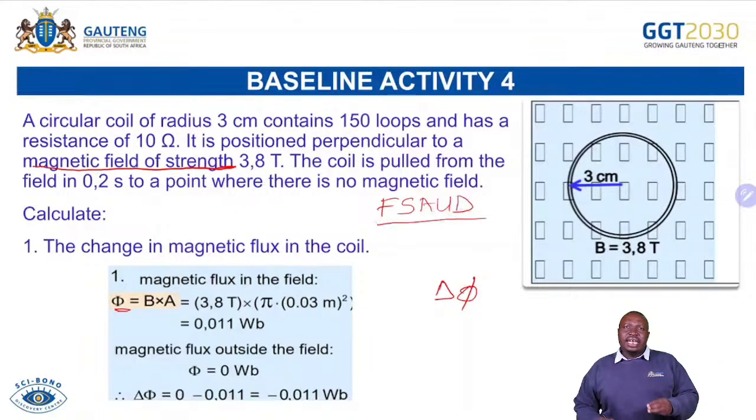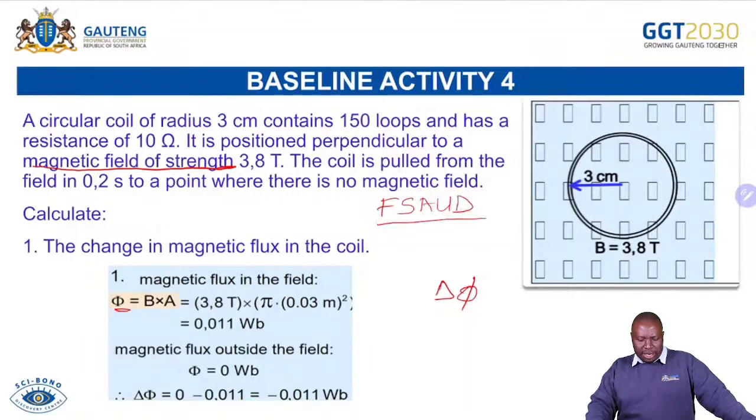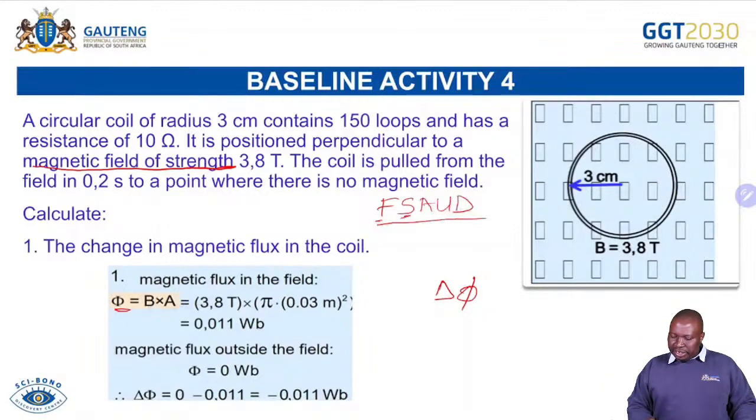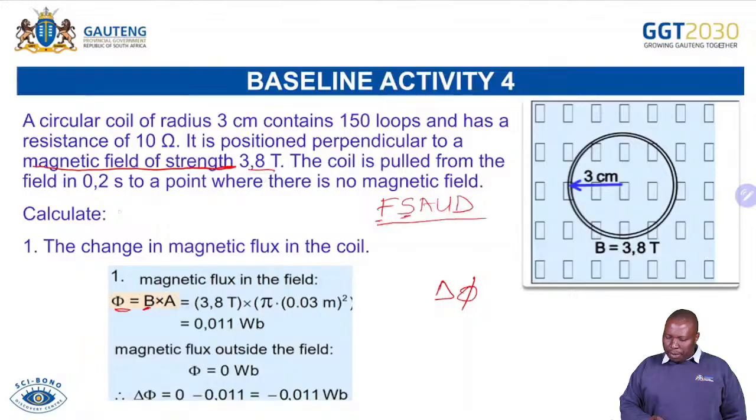Always. But remember, direction applies when you're dealing with vector components. So in this case, you must be able to write the formula, but for you to substitute, you must do data collection: B, the magnetic field strength, is 3,8 T. Then you go back and see the coil is pulled from the field in 0,2 seconds to a point where there is no magnetic flux.